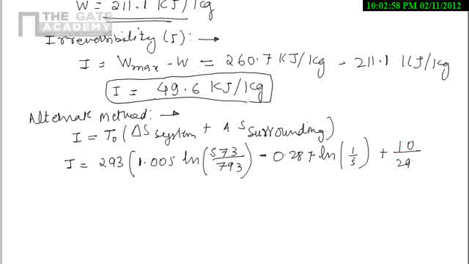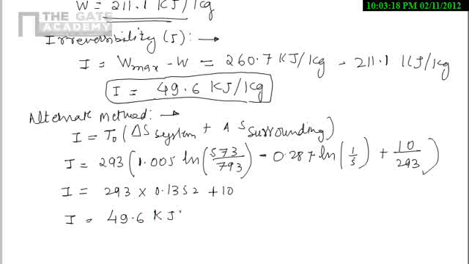If I calculate this, it will be 293 into 0.1352 plus 10. Now calculating this, it comes 49.6 kilojoule per kg. So in this way also I can easily find the irreversibility.